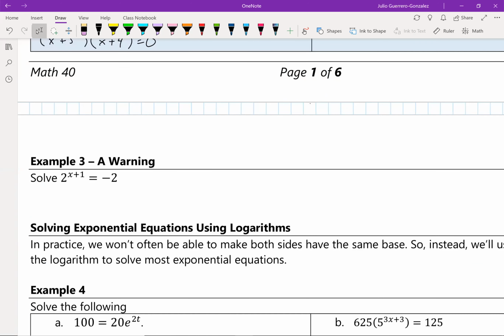So, before we keep going, I want to preface with something. This warning. Can we solve this equation right here? No. Yes. Why not? The base isn't the same? The bases are the same, right?